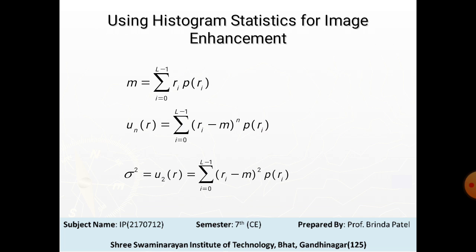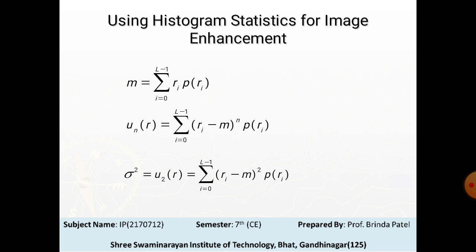The standard deviation is defined simply as the square root of the variance. In terms of enhancement, we are interested primarily in the mean, which is a measure of average gray level in an image, and the variance, which is a measure of average contrast.